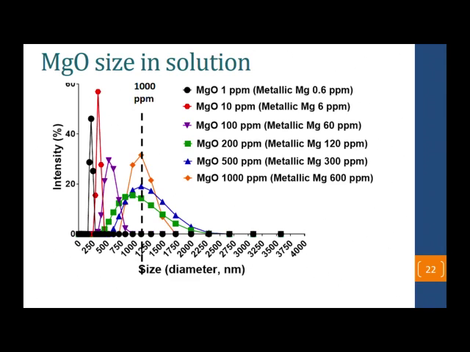For the 1000 ppm magnesium oxide nanoparticle I'm using, it's not actually 20 nanometers as we think. The higher the concentration, the bigger the size. That means they tend to aggregate with each other, so it's not as practical as we predicted.